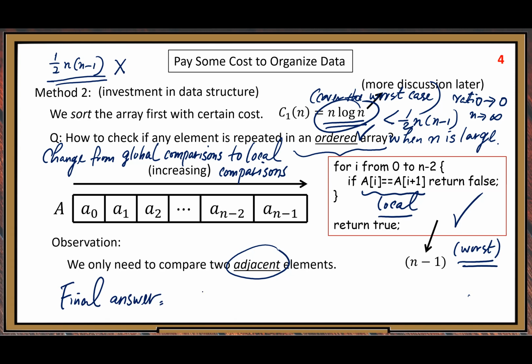Preparation step, we pay this much cost. Actually, this log is log base 2. I didn't write the base of the log, but I mean log base 2 of n. Then plus the worst case of the second part. We can say this expression is for the worst case.